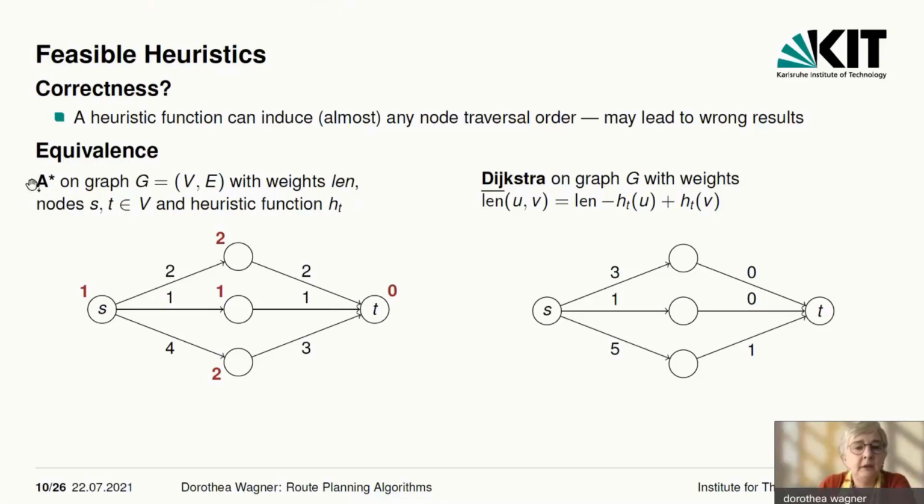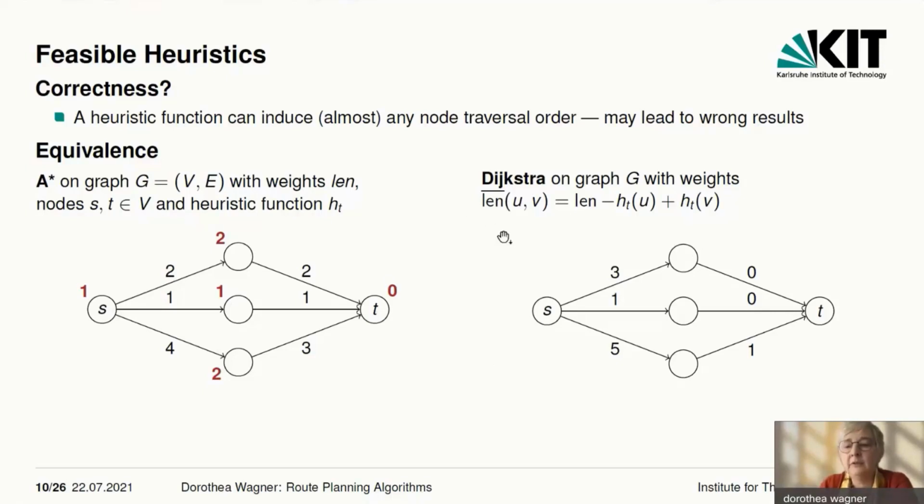If we apply A star on our original graph with the original length function on the edges and an additional potential H_T, which here, for example, is: the potential of S is 1, potential of this node is 2, of this node is 1, of this node is 2, and the target node is 0, then the result is the same as if we would apply Dijkstra's algorithm on the same graph, but with slightly modified edge length.